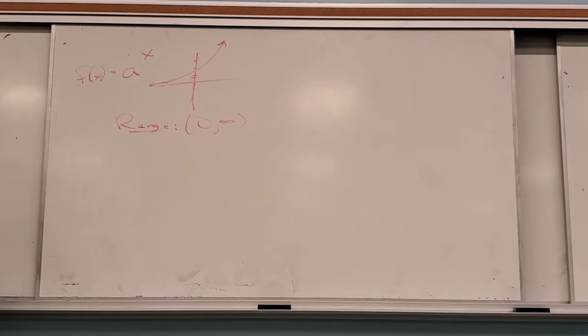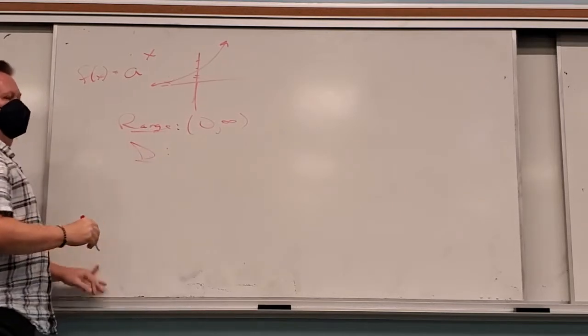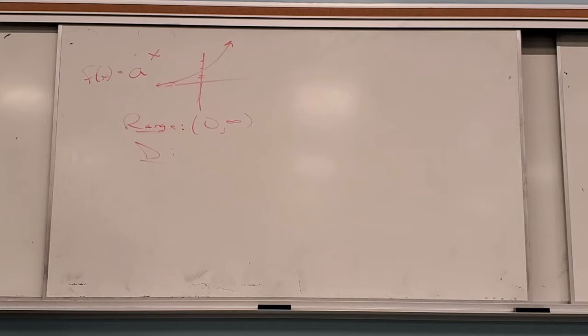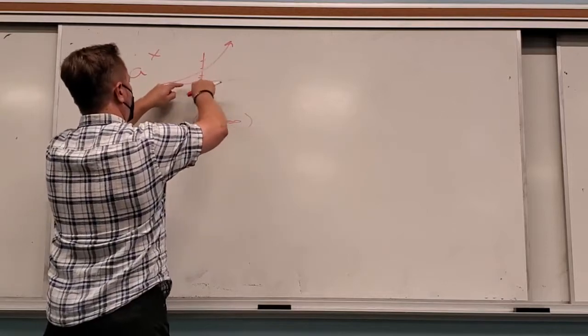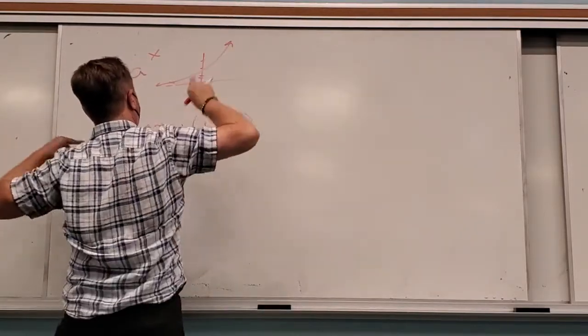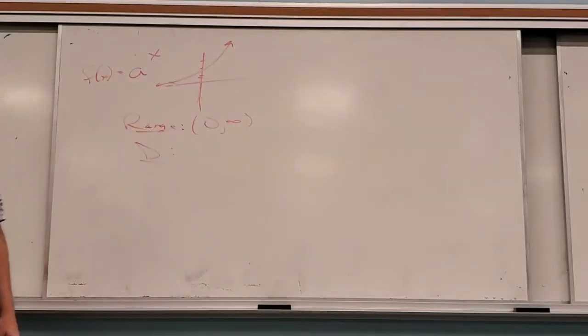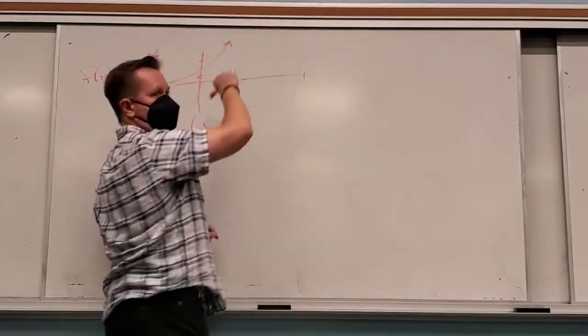How are we doing so far? Are you guys okay? All right, again, what's the domain of this? What axis am I looking at now for the domain? The x-axis. Where in the x-axis does it have outputs? Is there anywhere in the x-axis that won't have an output? We'll have an output up here, if I just follow that far enough.